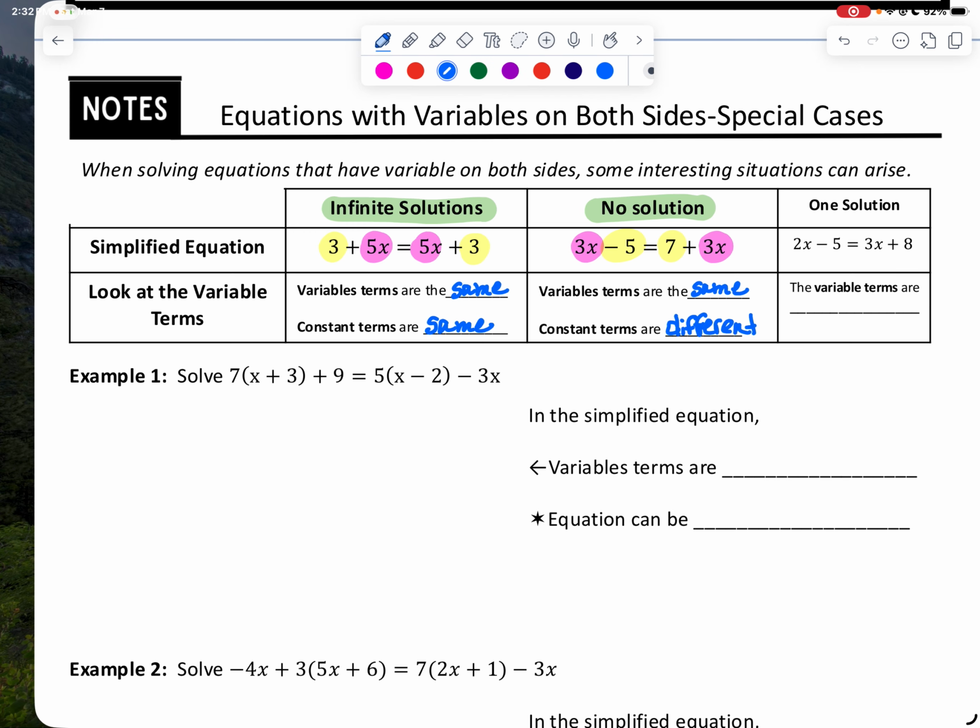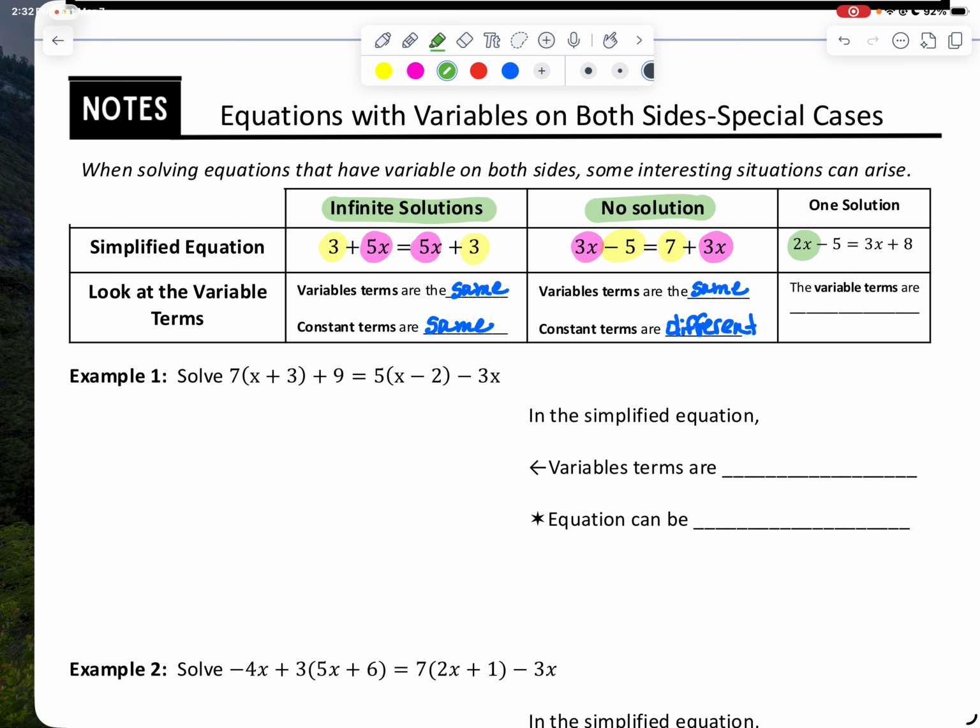Okay, so let me just review that. If your variable terms are the same and your constant terms are the same, infinite solutions. If your variable terms are the same but constant terms are different, there's no solution. Now, the other thing that can occur is equations that have one exact solution.